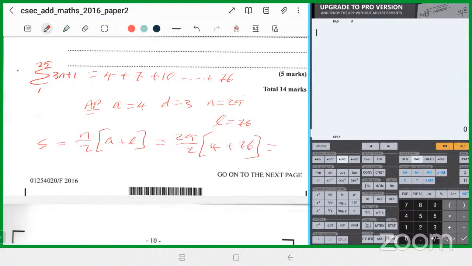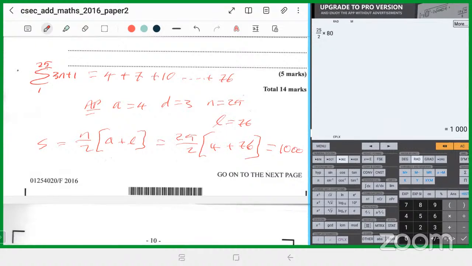That is half of 25 times 80. Let's work it out: 25 over 2 times 80. So I get 1,000.